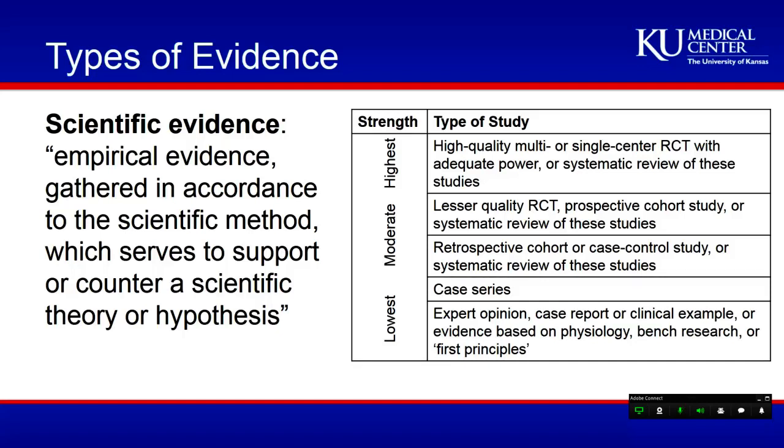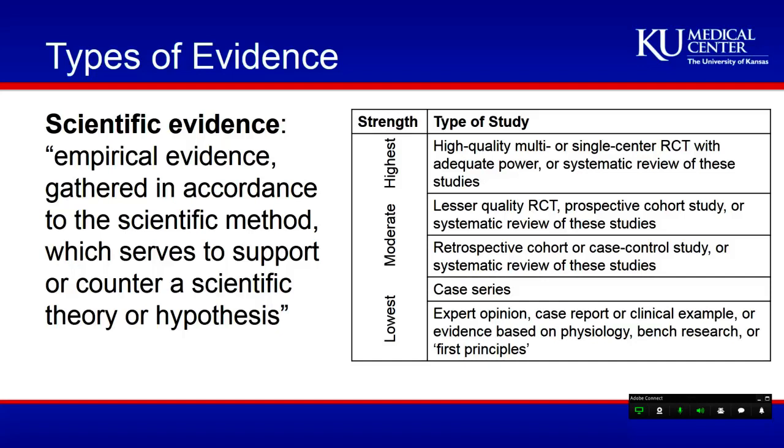Some observational studies, like cohort studies, and in particular prospective cohort studies, will be moderate quality evidence, or systematic reviews of any of these will provide some moderate evidence. Moving further down, what I'm doing is losing different experimental principles from the study design.